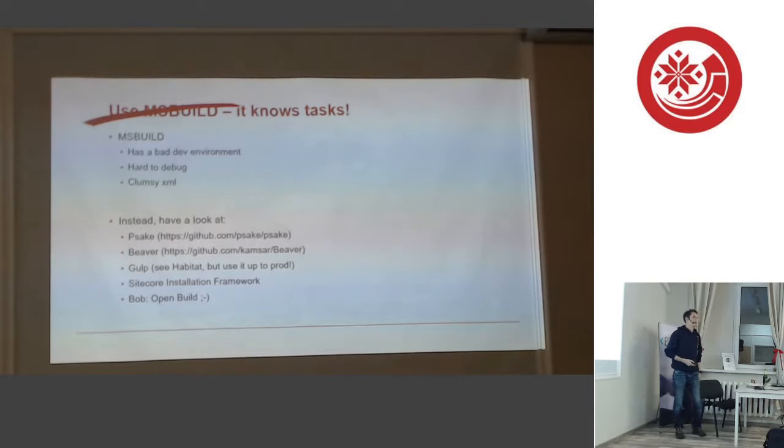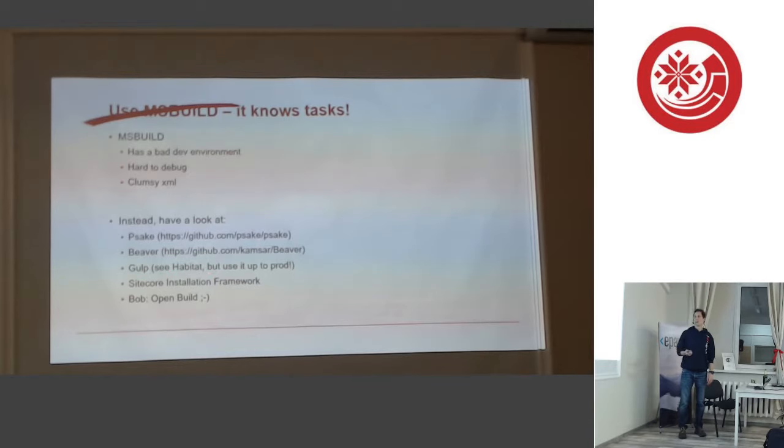Gulp is, of course, the favorite tool of any front-end developers, and it is also heavily used in Habitat. So I guess you've all set up Habitat at least once, and tried to figure out how to have those NPM dependencies loaded in and run all those copy DLL, copy whatever tasks. So yeah, not sure if I'm really a fan of that system, but it's very generic and it works out well, and it seems to work for the whole community.